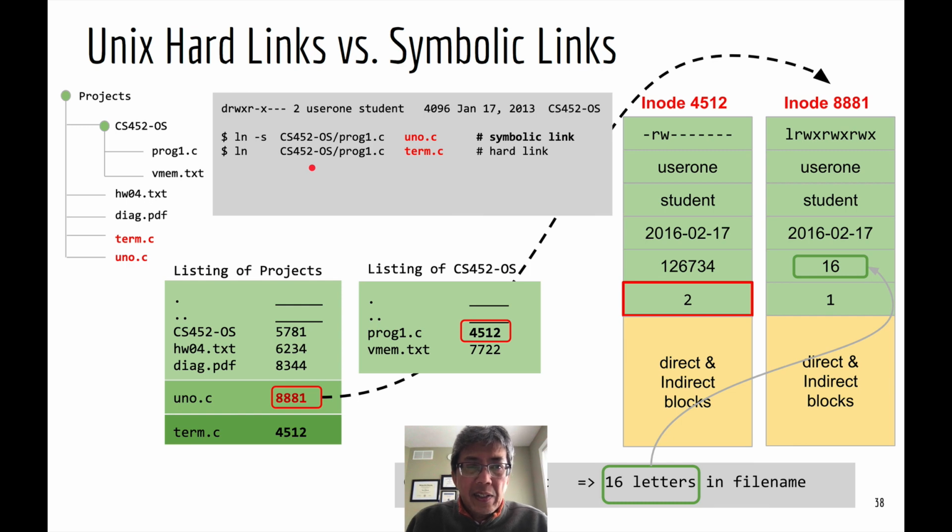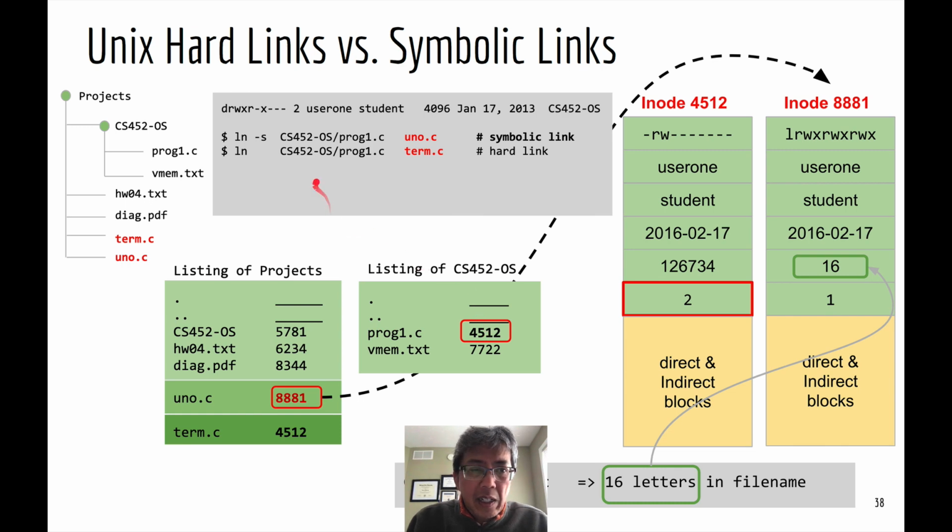When a hard link is created, the system will not create a new inode. What happens is the current inode of the source file will be identified, and in our example, the inode of program1.c is inode 4512.